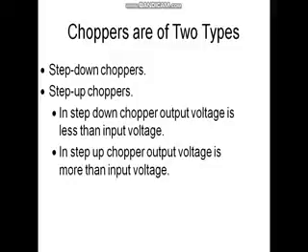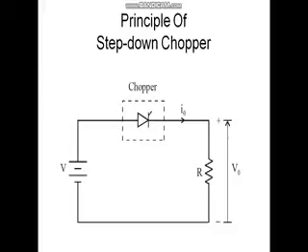In a step down chopper, the output voltage is less than the input voltage. That is, if the input voltage is 200 volt, the output voltage is 180 or 150, less than the input voltage. In a step up chopper, the output voltage is higher than the input voltage. Today, let us see the function and operation of the step down chopper.